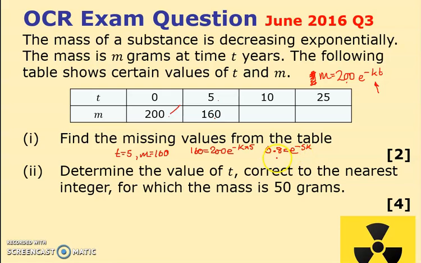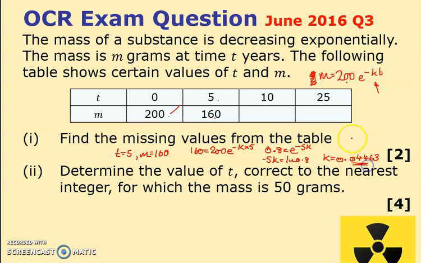Once I get this, I'm just going to now move that e onto the other side. I get minus 5k is the log of 0.8. I do the log of 0.8. The log of 0.8 is a negative 0.22, and if I divide that by negative 5, I get k to be 0.04463.